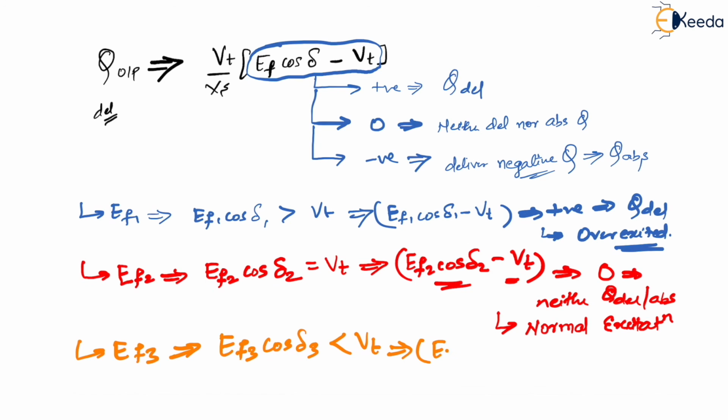If it is less than Vt, then EF3 cos delta 3 minus Vt you will get negative, yes or no? If it is negative, it means reactive power is absorbed, from this definition. And when my synchronous machine absorbs reactive power, it is operating at under excitation.